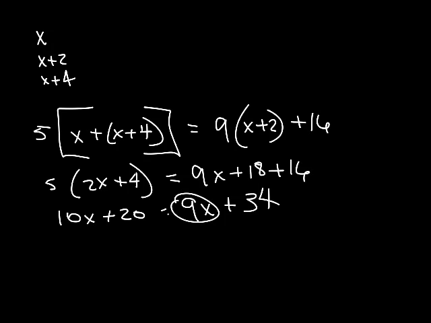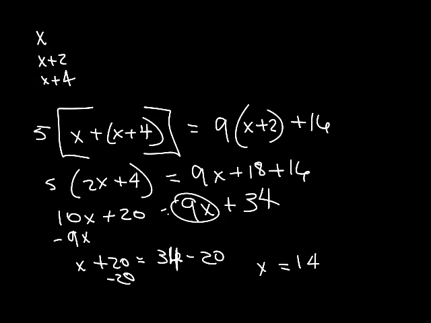I'm going to move this 9x over here, so I'm going to take it away. So that gives me x plus 20 equals 34. Subtract 20, and my x equals 14. So there is my x value.